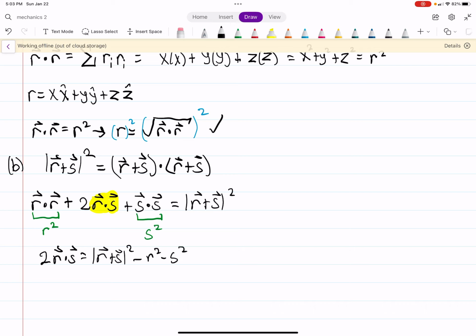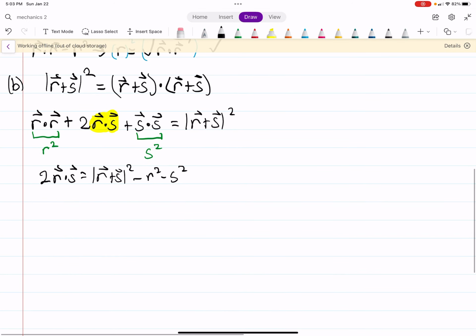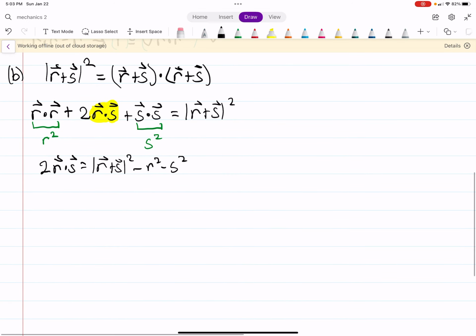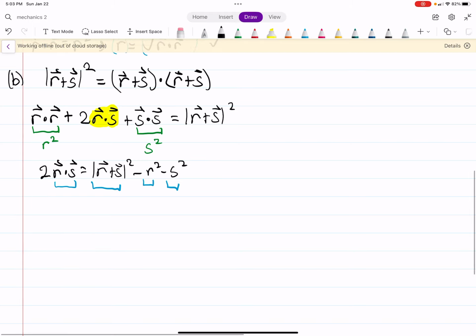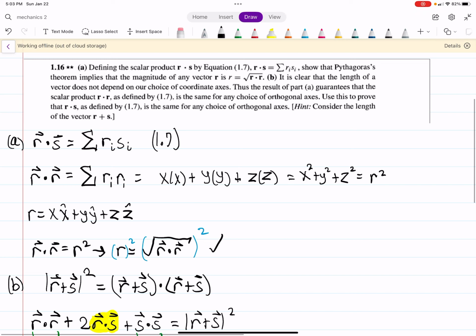And what we see here is that there's really no direction. All these are lengths. This is a length, this is a length, this is a length, this is a length. Obviously the 2 is just a scalar. So there's no direction involved here, so the choice of our coordinate axes are not relevant.